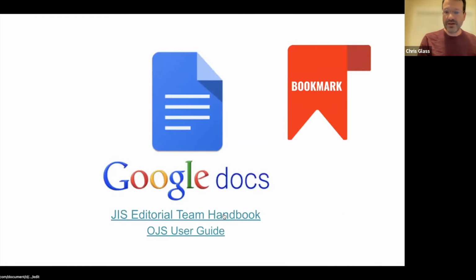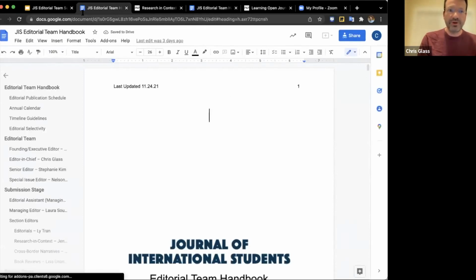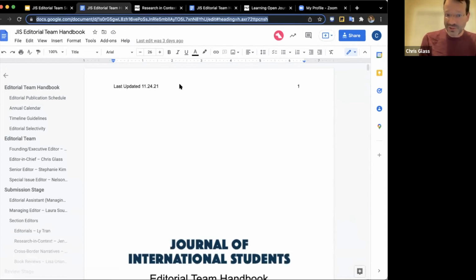The one thing that you and all members of our team need to know is it's important to bookmark the journal's handbook. And when I say bookmark, this isn't a suggestion, this is an absolute must. And the handbook is not just a how-to book. The handbook is what makes sure that we are an ethical journal that follows consistent practices, and we do that consistently.